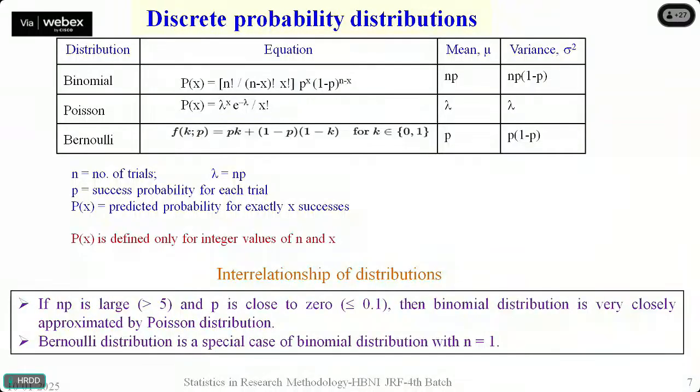Till now, whatever we have discussed were continuous variables. In the first class, we defined variables as two different categories, one as discrete, another one as continuous. Discrete ones are those which are countable, which have integer values. For example, the number of students in this room.